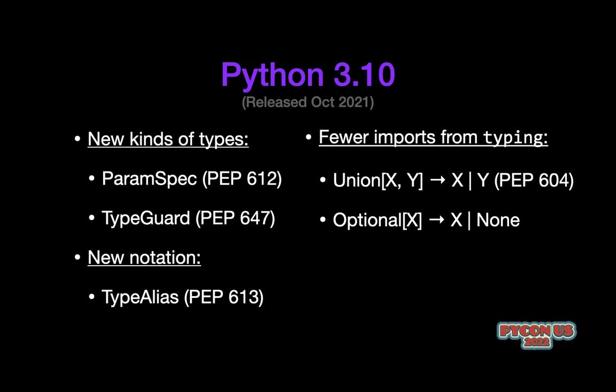We've got 4 typing-related PEPs here, a couple that are introducing new kinds of types, so ParamSpec and TypeGuard. There's other types of notation that's been added, and one theme that I think is recurring is eliminating imports required from the typing module itself, which makes typing annotations easier to use.